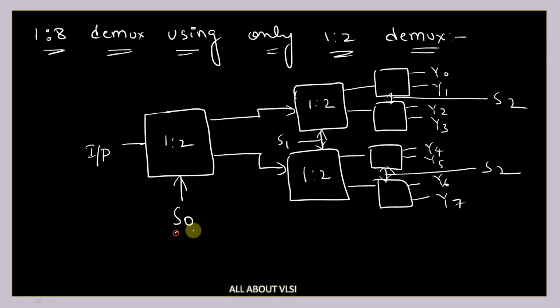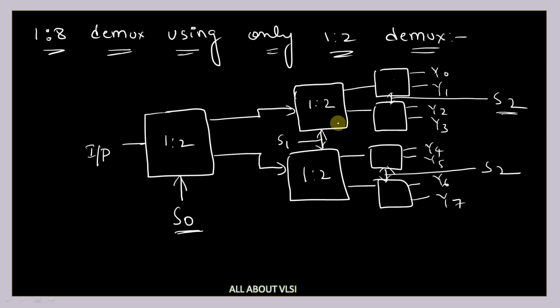Depending upon the value of S0, whether this demultiplexer should be selected or this one is decided. After that, depending upon the value of S1, whether this or this will be selected, and depending upon S2, whether Y0 should be selected or Y1 should be selected, is decided using these select lines.